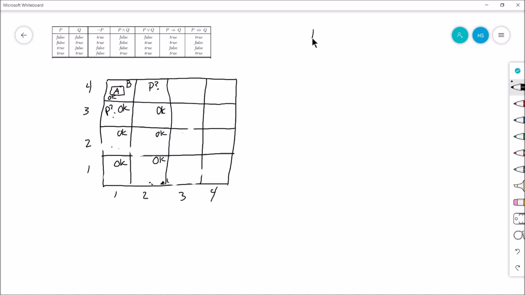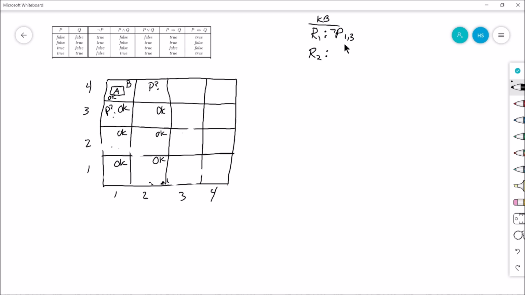So what are some rules for our knowledge base? What are some things that we know? What are some sentences we can put in here? Well, the first one is that there's no pit in 1, 3. And we know that because we traveled through it. What's the other rule?